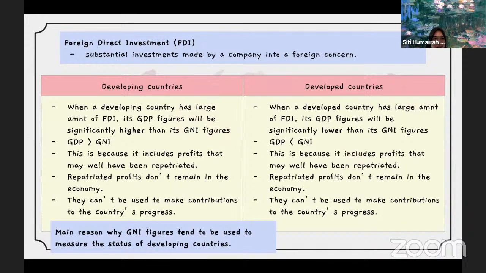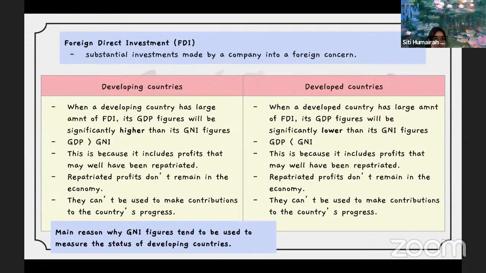Just to give general info, in this century there's an increase in the flow of FDI in developing country economies. In developing countries, when there is a large amount of FDI, the GDP figure will be higher than its GNI figure. Meanwhile, when a developed country has a large amount of FDI, the GDP figure will be lower than the GNI figure.